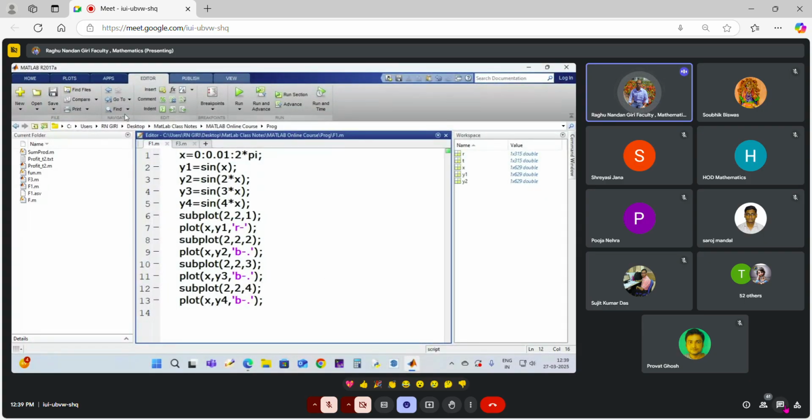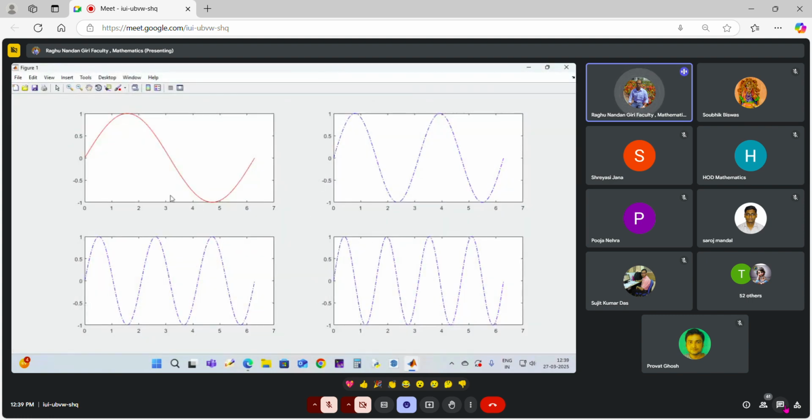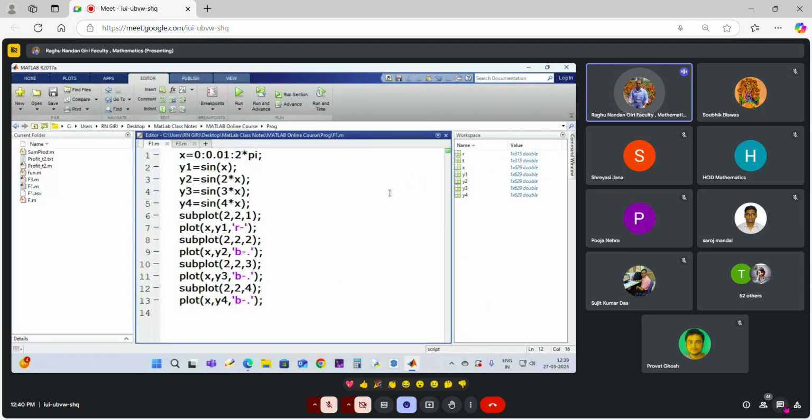When I save and run this, see, the first sub window is for sin x, this is for sin 2x, this is for sin 3x, this is for sin 4x. So we see that we can divide the figure window into several windows.